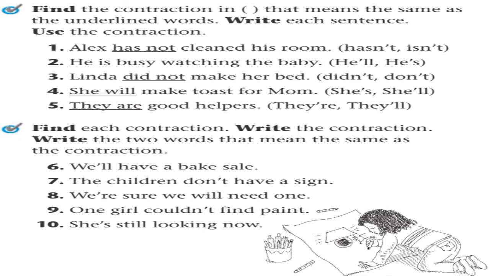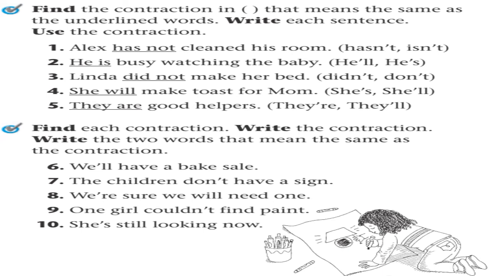The next exercise, find each contraction, write the contraction, write the 2 words that mean the same as the contraction. So here we'll do 2 things. The first one, we'll find the contraction, then we'll return it back into two complete words as it was in the beginning.